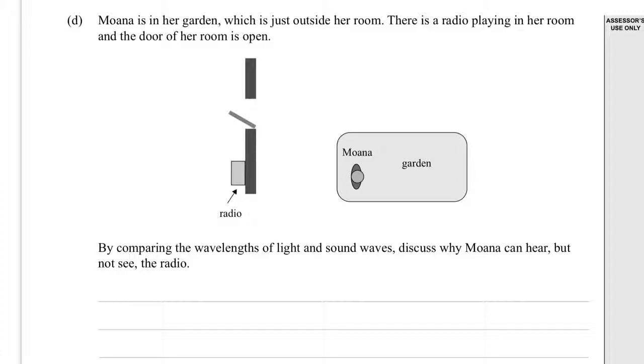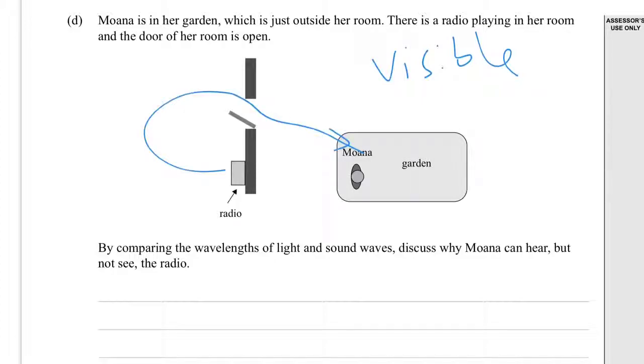Okay, so presumably there's no way for visible light to somehow bend around and come through so that Moana can see it. But she can hear the sound waves somehow.